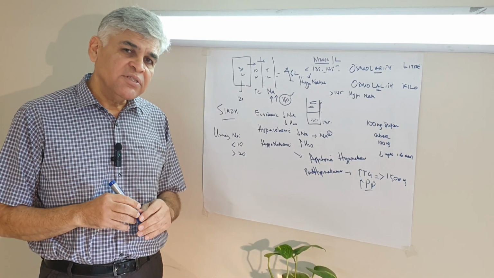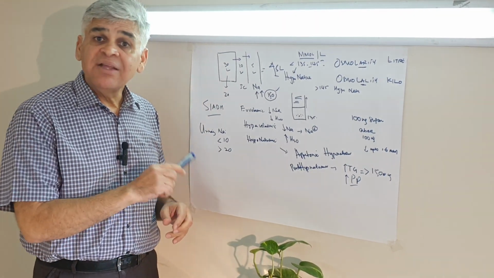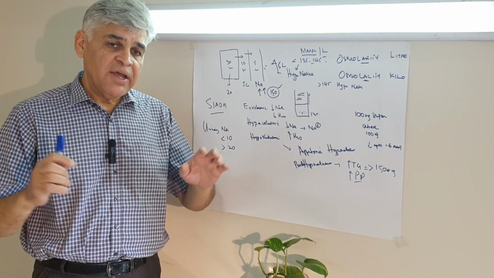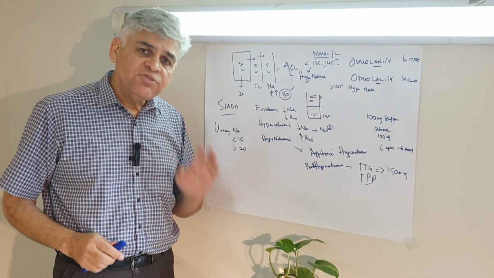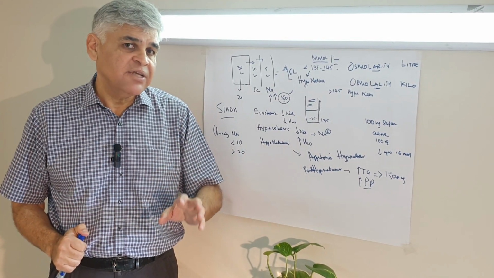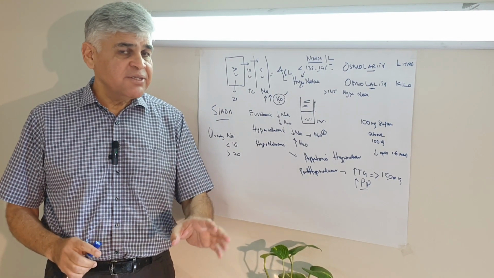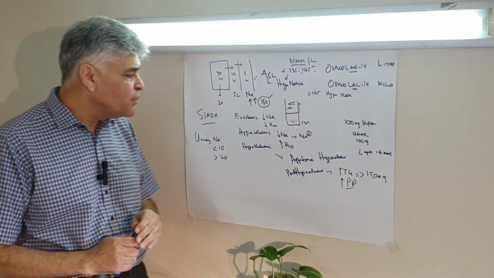But often water restriction doesn't work much. What works is treating the underlying cause. So it is debatable whether you should restrict water in patients with hyponatremia and suspected SIADH. Often it does not work. What works more is treating the underlying cause.